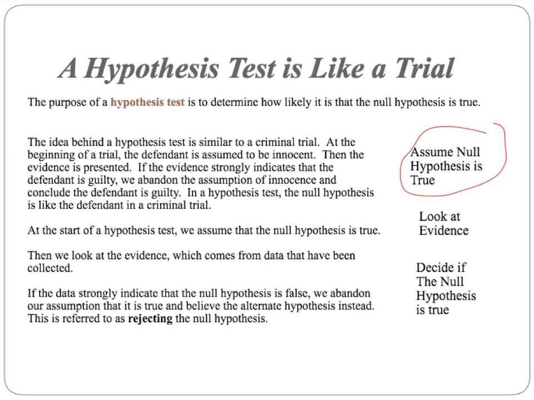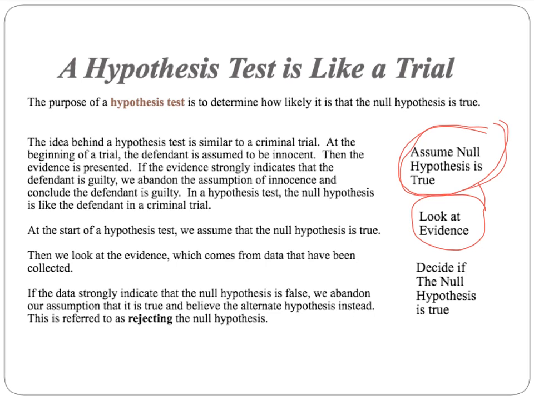is guilty. In a hypothesis test, the null hypothesis is like the defendant in a criminal trial. At the start of the hypothesis test, we assume that the null hypothesis is true. Then we look at the evidence, which comes from the data that has been collected.